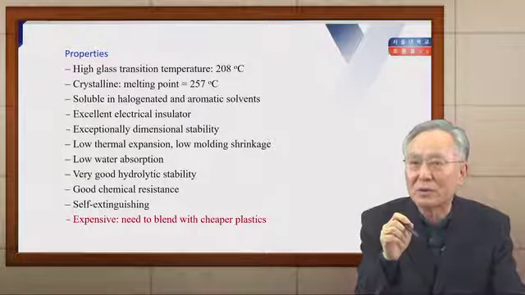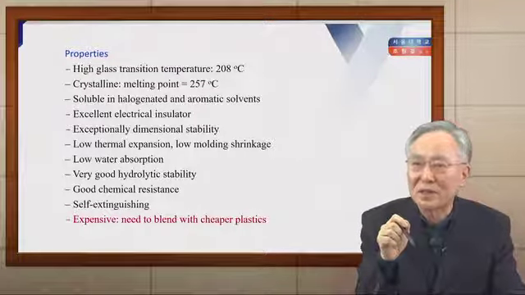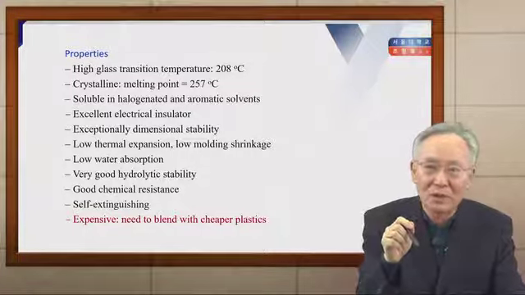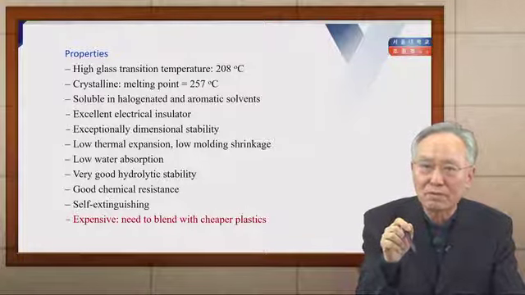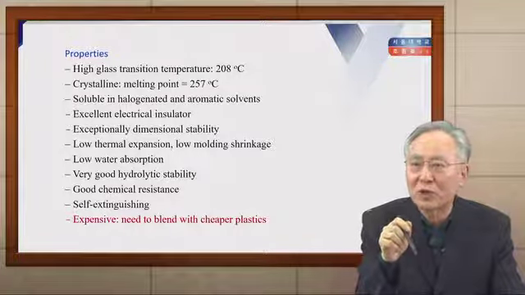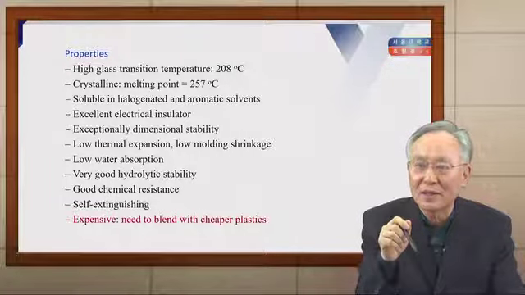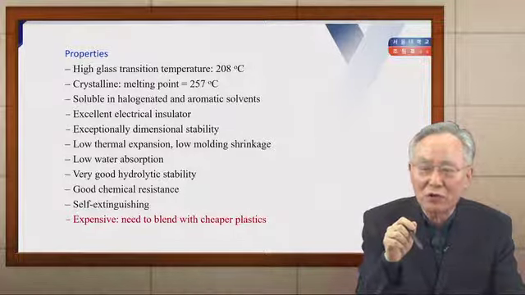And PPO shows excellent electrical insulating properties, exceptional dimensional stability, and low thermal expansion, and therefore mold shrinkage is very low. They show low water absorption, very good hydrolytic stability, good chemical resistance, and they are self-extinguishing.